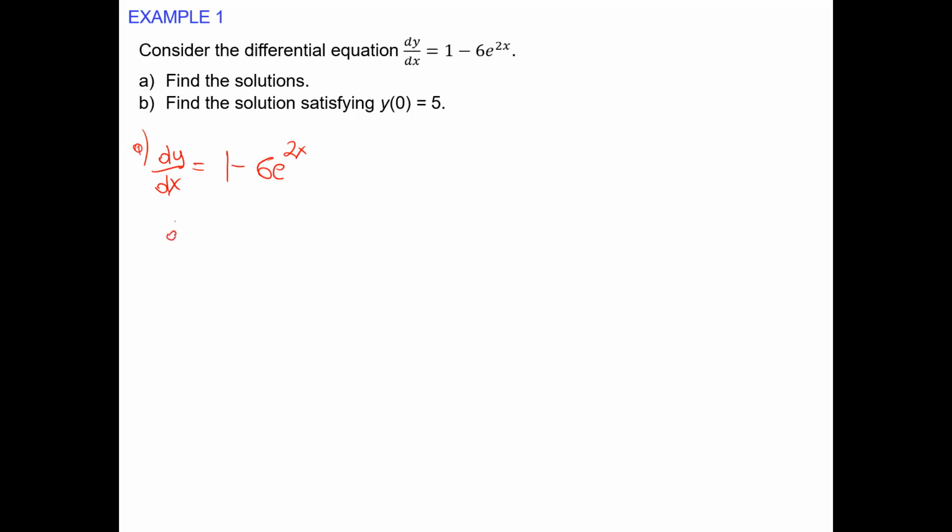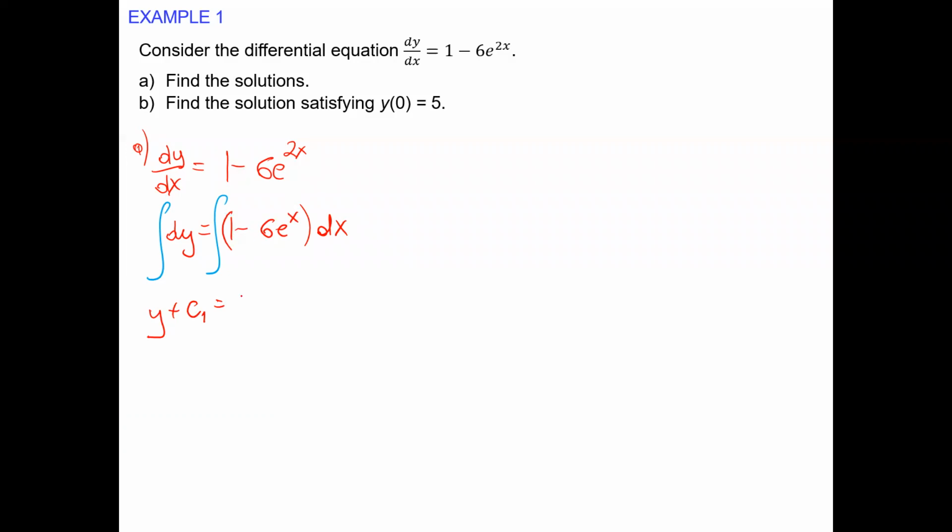Okay, that means I will keep dy on this side and I will move dx. And now we nicely see that the separation happens and we can integrate. Integral of 1 dy will be y plus the constant c. Let's just put c1.